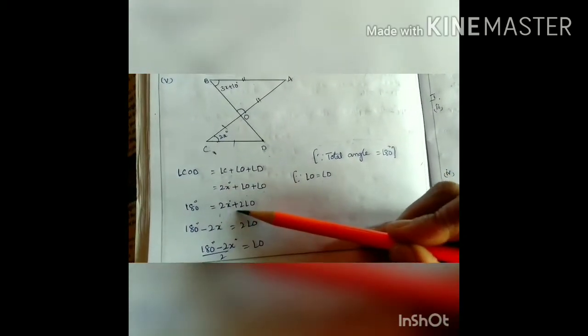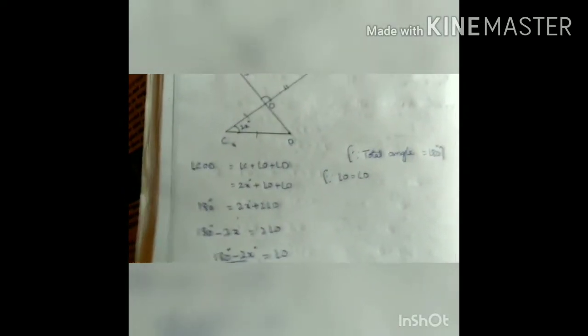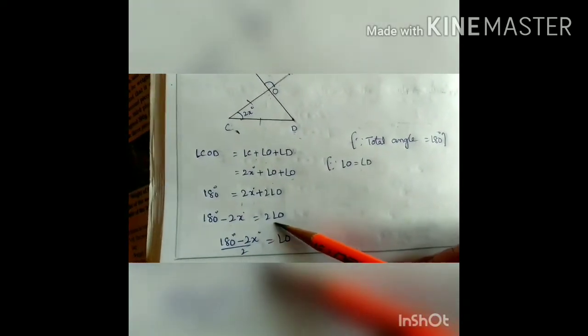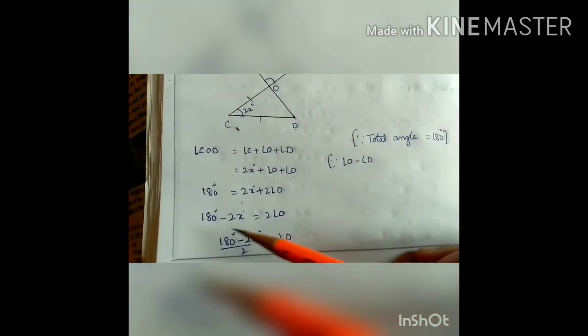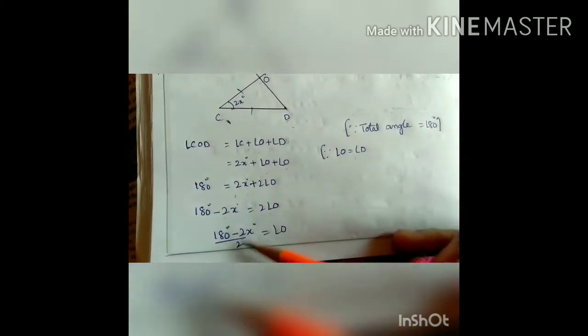So 2x plus 2 angle O equals 180, which gives 180 minus 2x equals 2 angle O. So angle O equals (180 minus 2x) by 2.